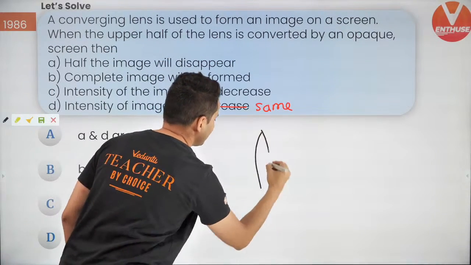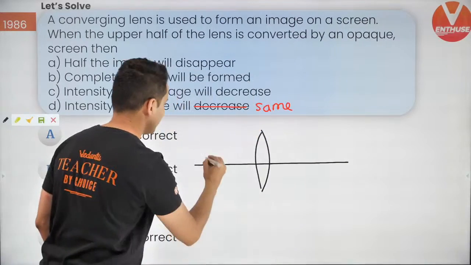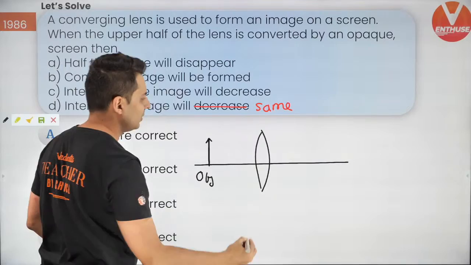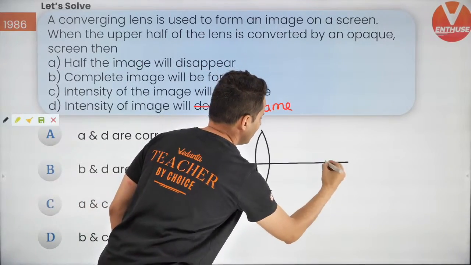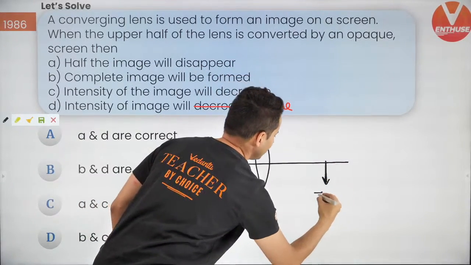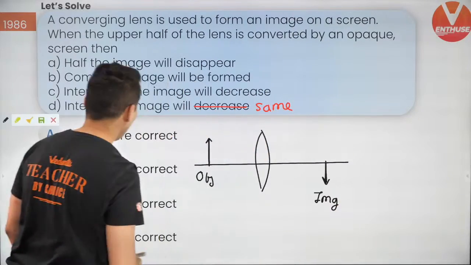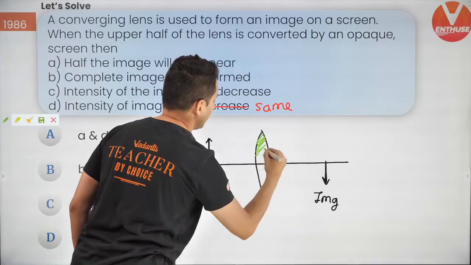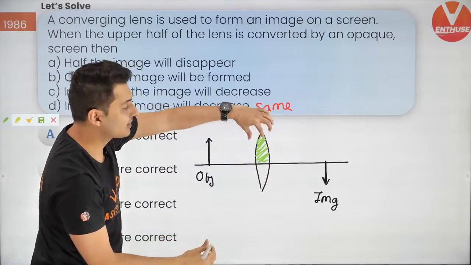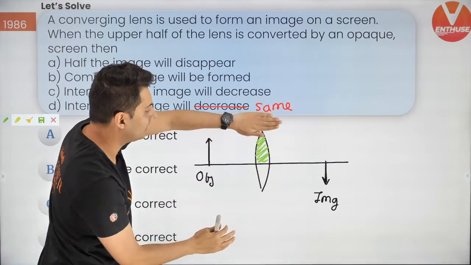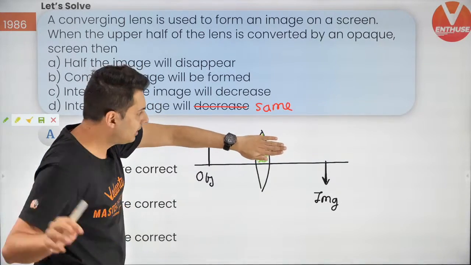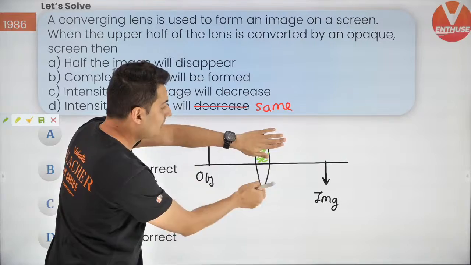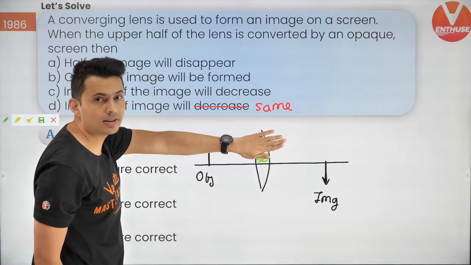So this is our lens. This is our object. And maybe the image is formed over here. Example, this is your image. Now, if you cover this much part with an opaque screen, that means as if this part of the lens is not even there, then a lot of people think, oh, half the lens is gone, so only half the image will be visible.